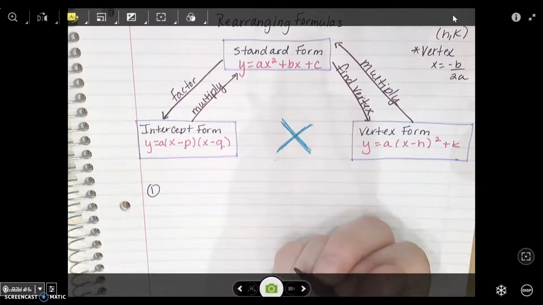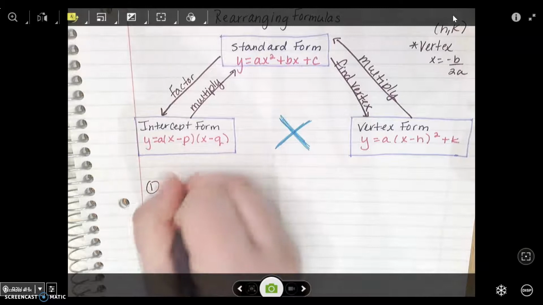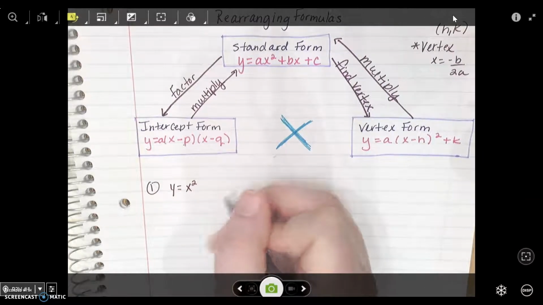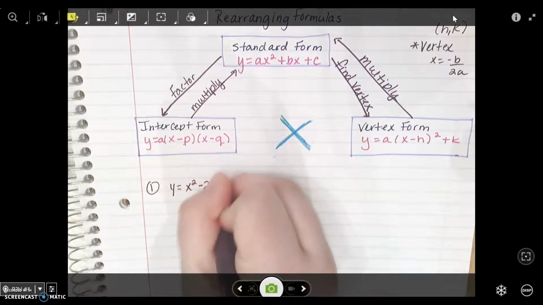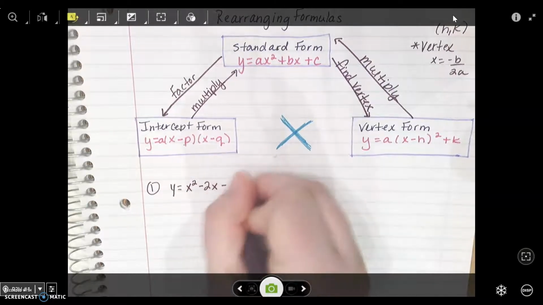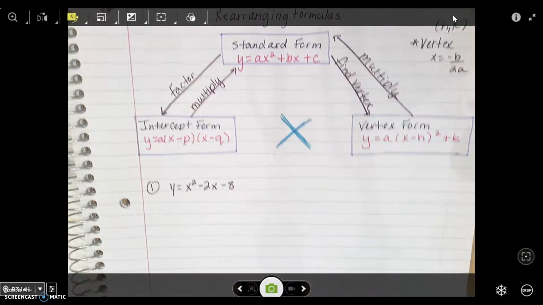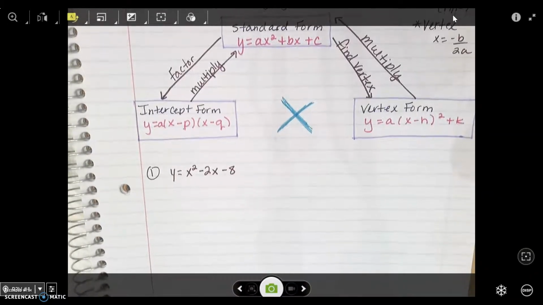Okay. So let's start with y equals x squared minus 2x minus 8. Okay, that is in standard form. How do you factor? Okay.